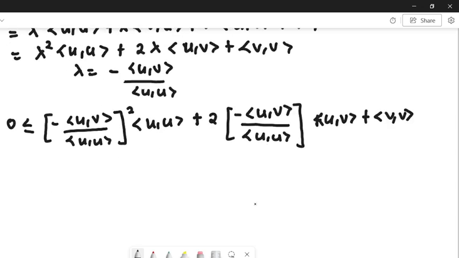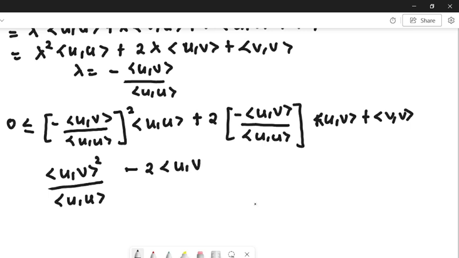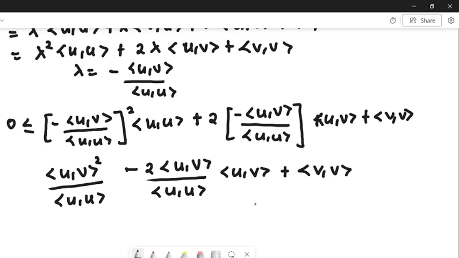So when you simplify, you will open the bracket, this will become a positive value, so you will get uv squared over the inner product of uu squared, but now it cancels out with part of it, so it remains uu. This is positive, this is negative, it becomes minus 2 over, okay, nothing cancels out, so we're left with that.